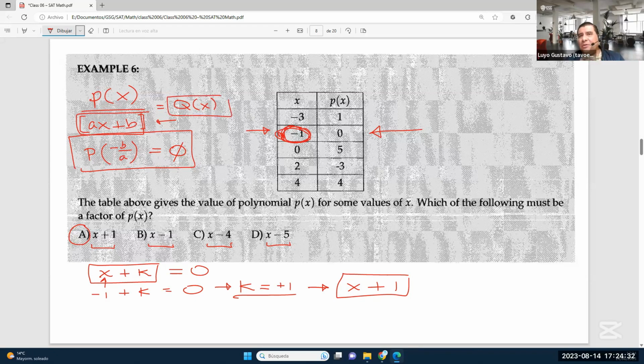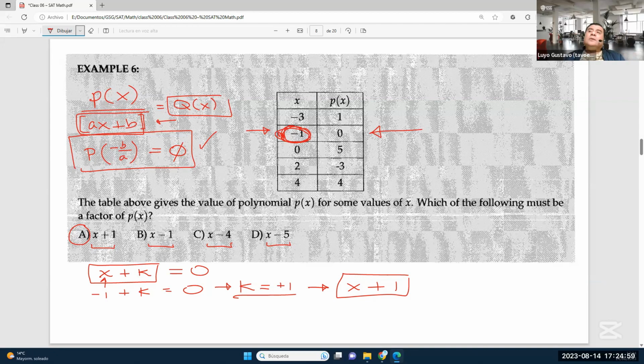The remainder theorem says that if you evaluate the polynomial dividend, that is p of x, by the value of x that makes the divisor 0, then you should obtain a 0 as the output. Only when that polynomial is divisible by the binomial we see here.